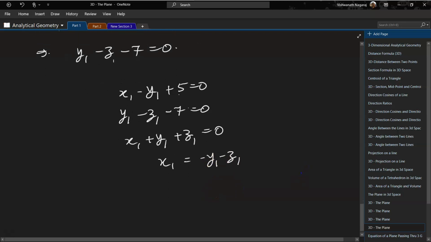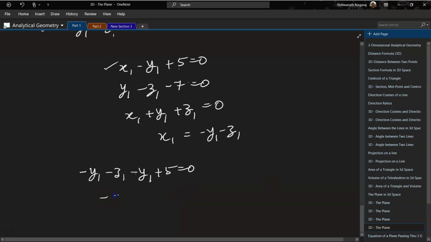And let's substitute this back into the first one. So it becomes minus y1 minus z1 minus y1 plus 5 equal to 0. So this becomes minus 2y1 minus z1 plus 5 equal to 0.